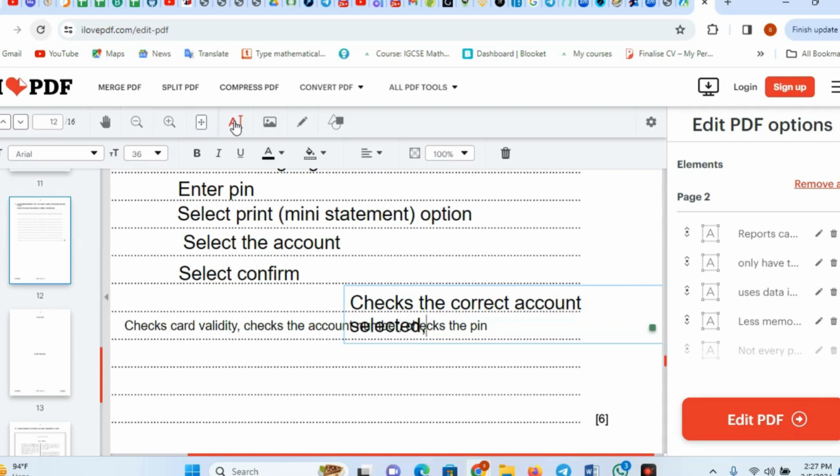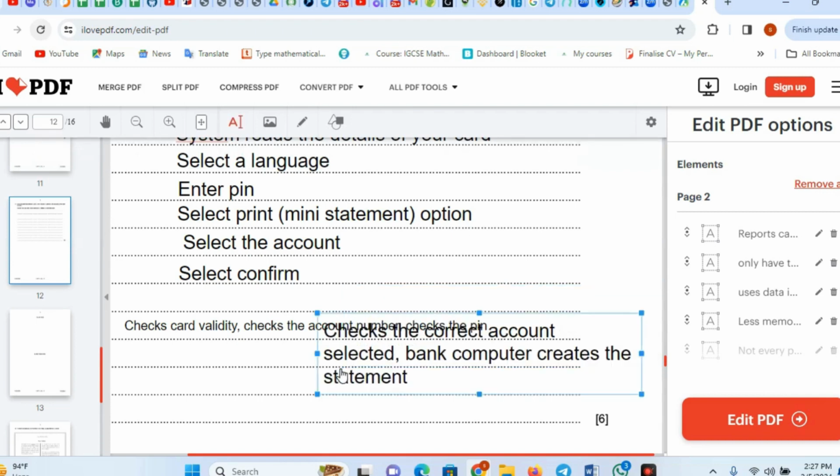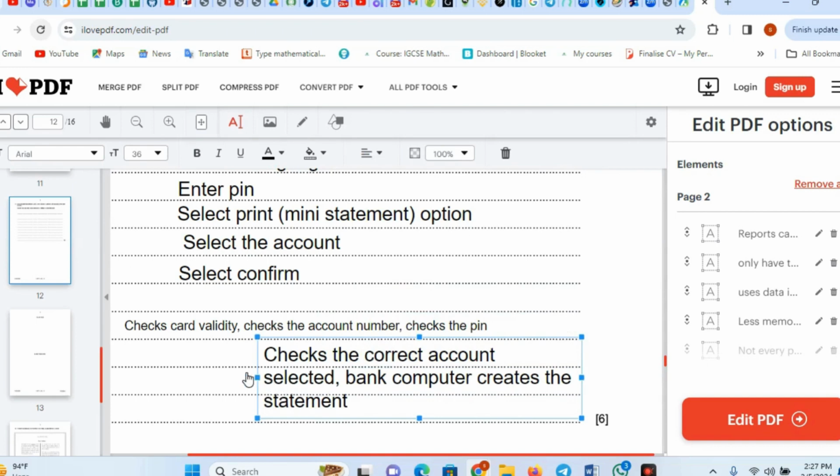The bank computer creates the statement, and finally, details of the amount in the account are sent to the ATM.